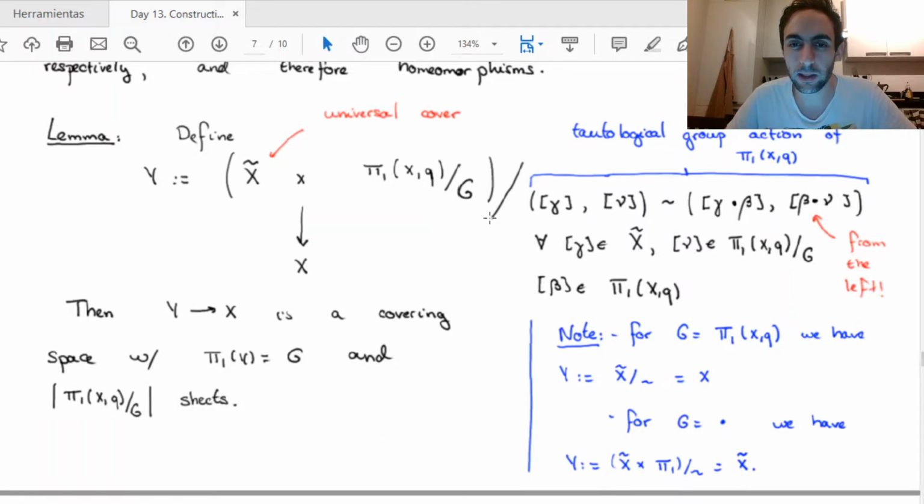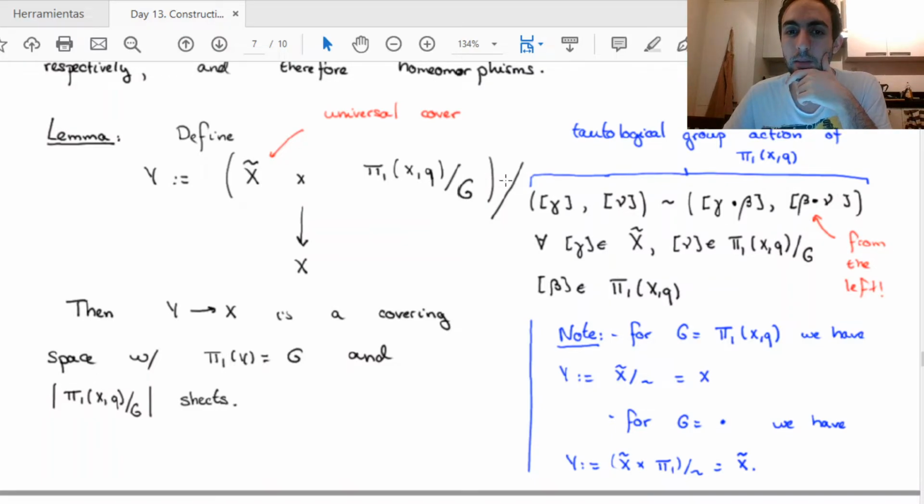Let me be a bit precise about what this means. So recall that, of course, X tilde has an action of the fundamental group, which is the tautological action by pre-concatenation. And now observe that this side also has an action by the fundamental group. But you have to be a bit careful. I think this is commented on a bit later in the lecture notes.